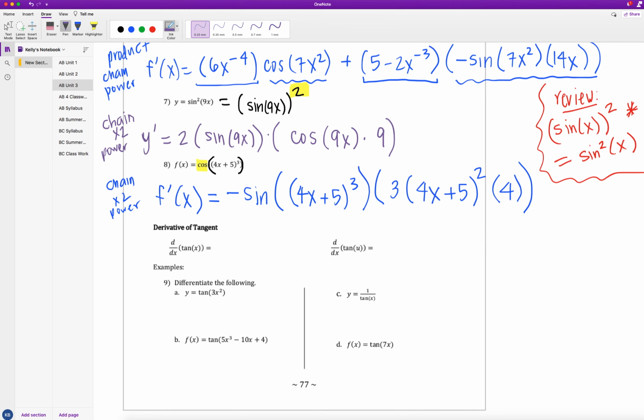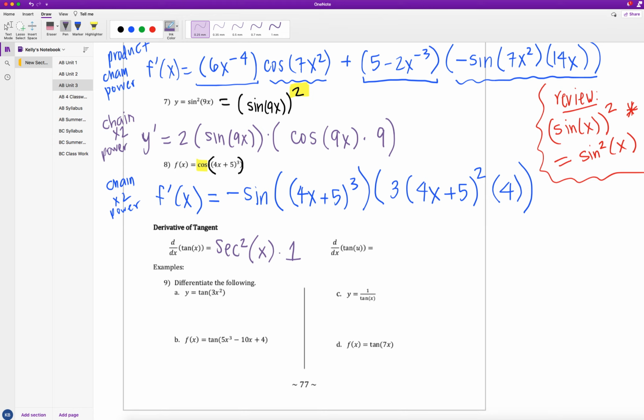The derivative of tangent is going to be a composition of functions, since I have tangent of x, so my derivative will involve a chain rule. The derivative of tangent is equal to secant squared of, keep the inside the same, so the x, times the derivative of the inside function, which is 1. So the derivative of tangent is secant squared, which we can rewrite as secant of x, the entire thing squared.